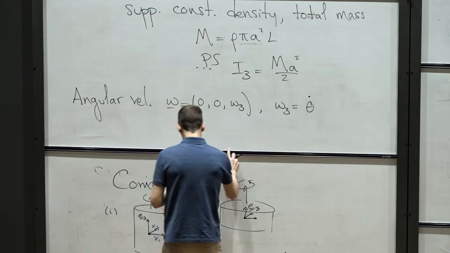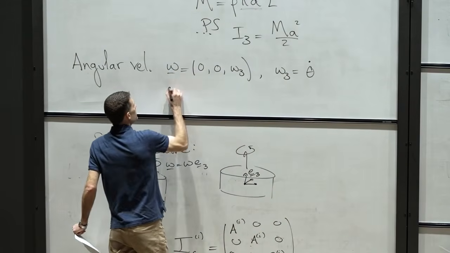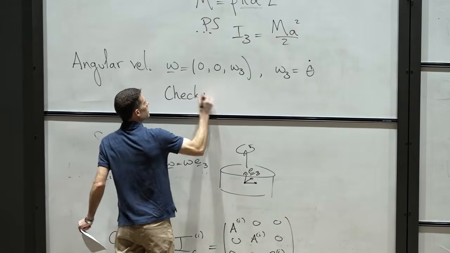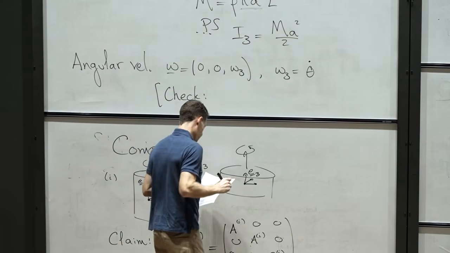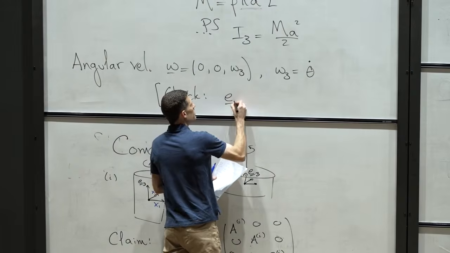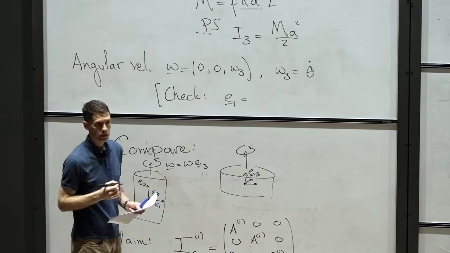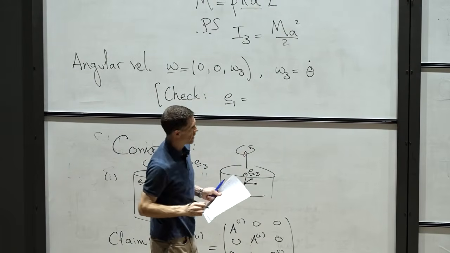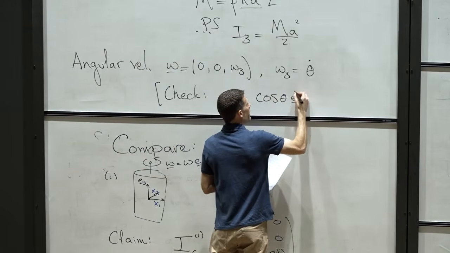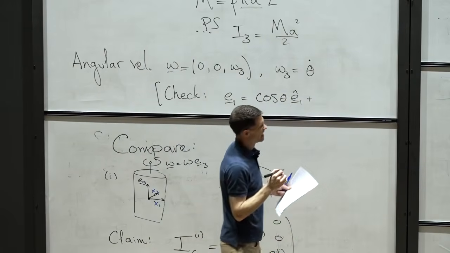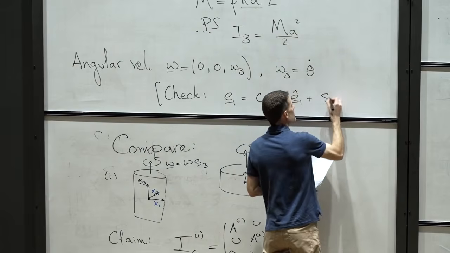If you want to prove that, what you can do is work out the change in E1 and E2. So E1, the way I've set it up, is cosine theta E1 hat plus sine theta E2 hat.